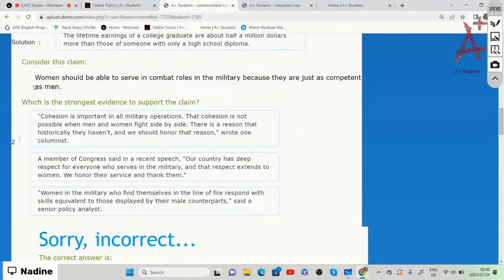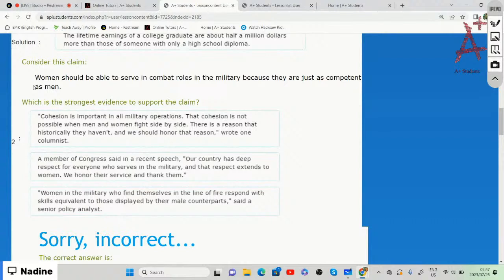So that is what a Congress member said, thanking ladies that can also be part of the military. And then the last one is: women in the military who find themselves in the line of fire respond with skills equivalent to those displayed by their male counterparts, said a senior policy analyst.